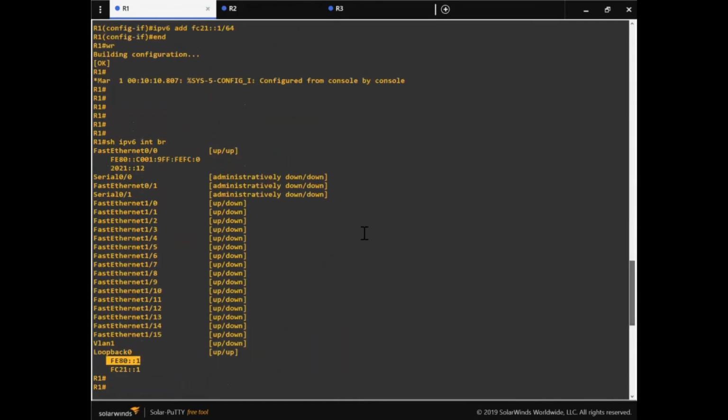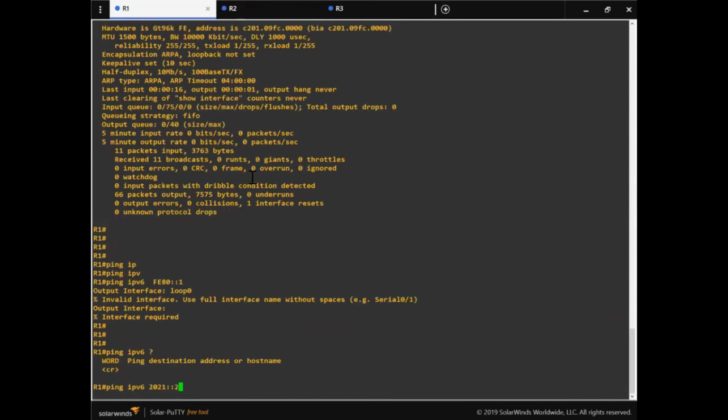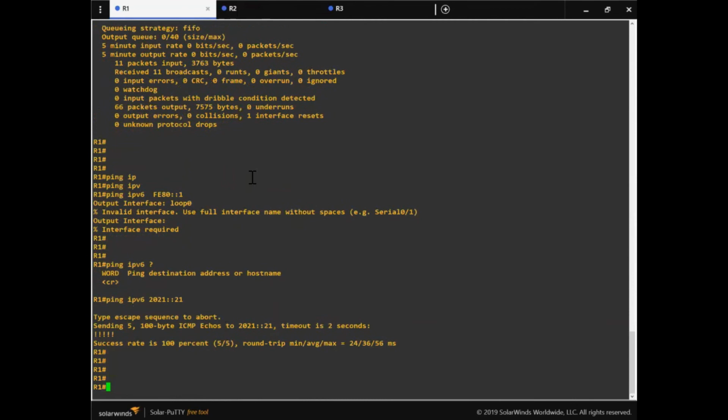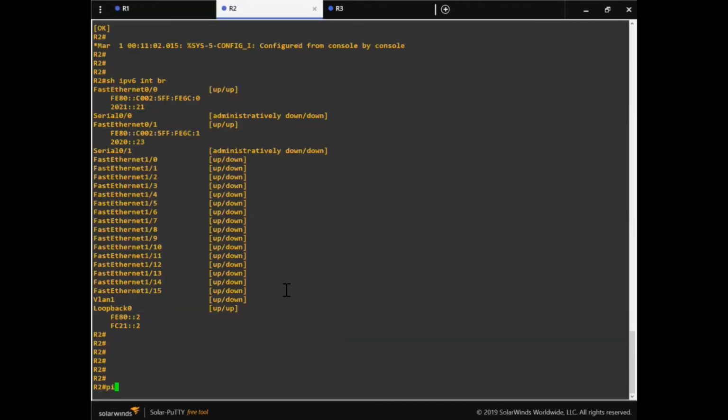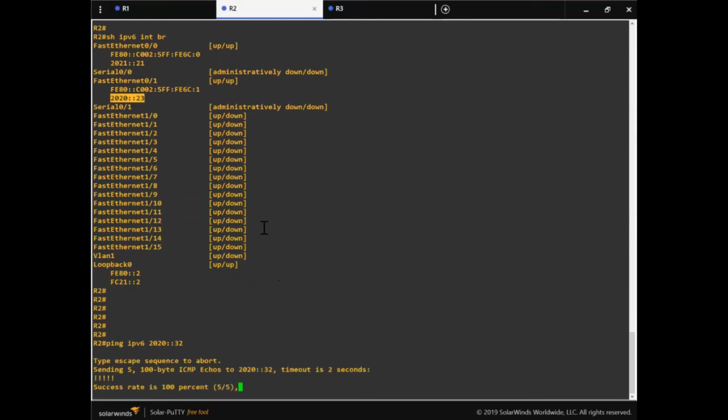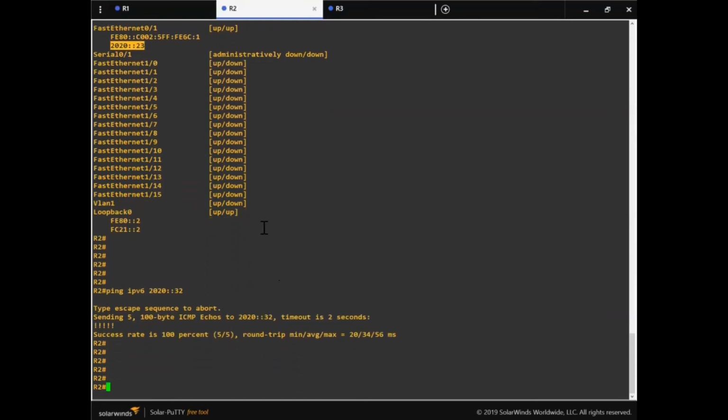Let me ping 21. Can you see? The next hop IP address is reachable perfectly. I can see that my IP address schema is working fine. Similarly, if I ping IPv6 and this time 32, it is also reachable.